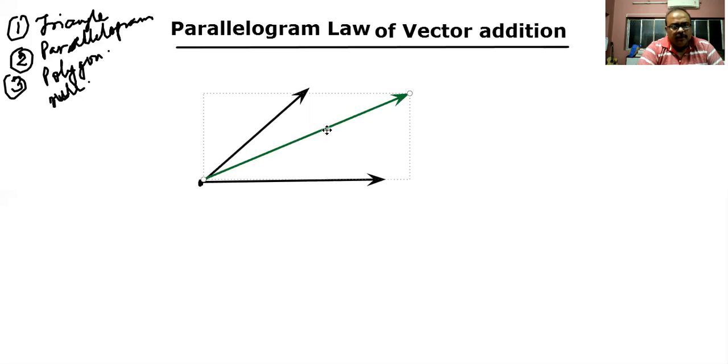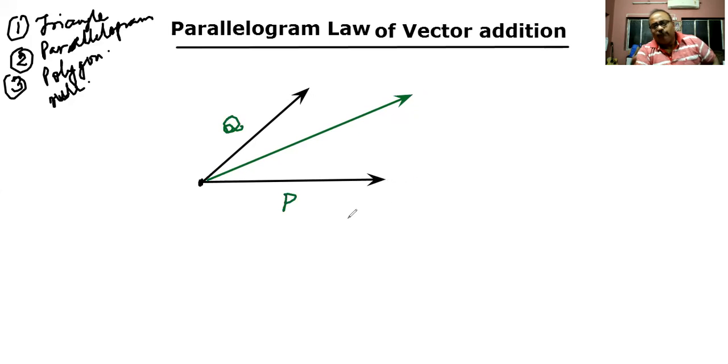Don't worry, children. Suppose I consider this to be a parallelogram, and these are the two vectors I was talking about. One is vector P and the other is vector Q. You can consider these two as forces also, acting on the same point.